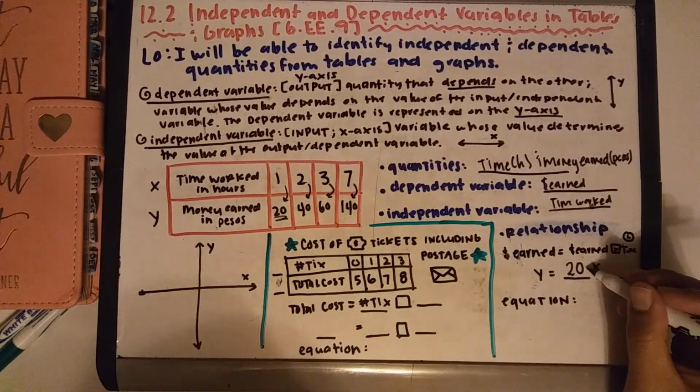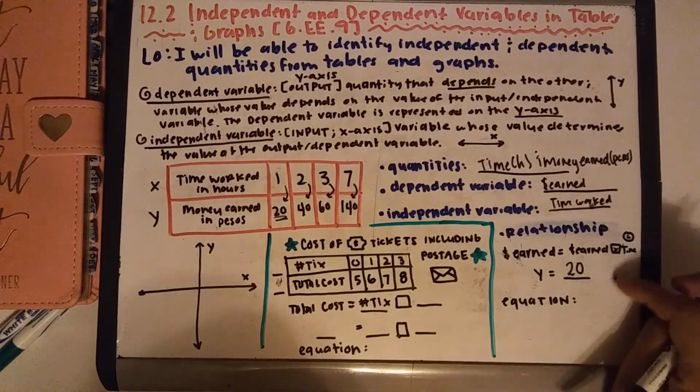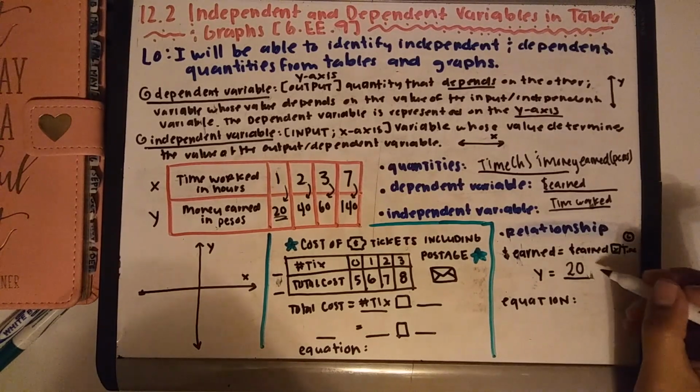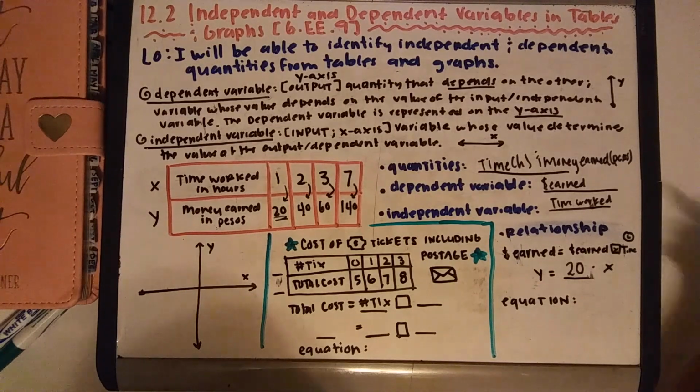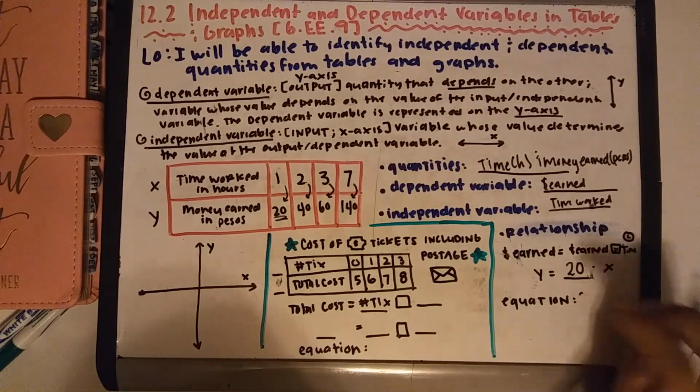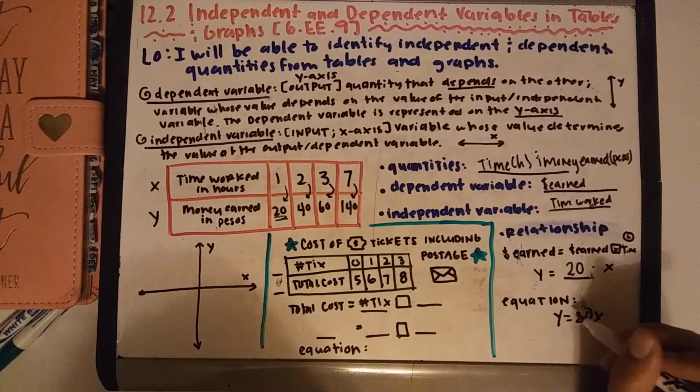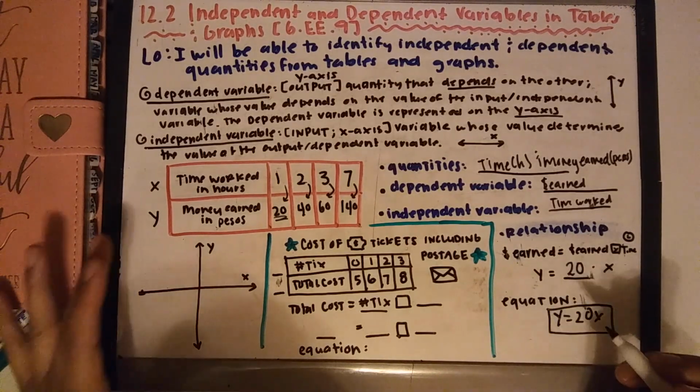Remember, we don't use the dot anymore, or the x for times. It's just 20x. So this can be my relationship. If you want, you can write 20 times x just to know that there's multiplication. And then what's the equation? The equation is going to be y equals 20x, and that's my equation for that relationship right here.